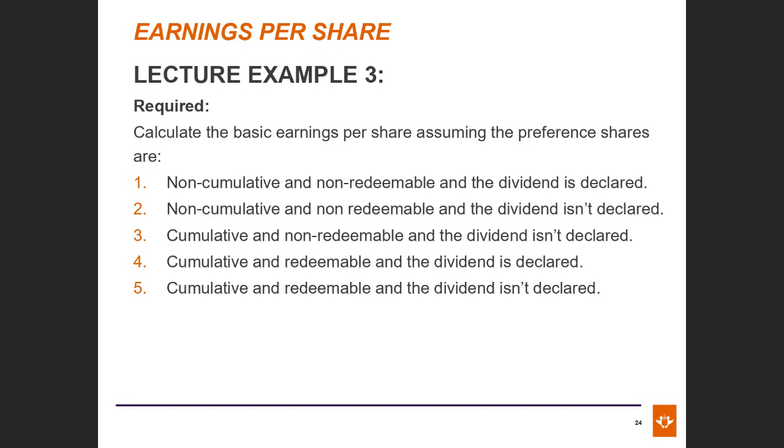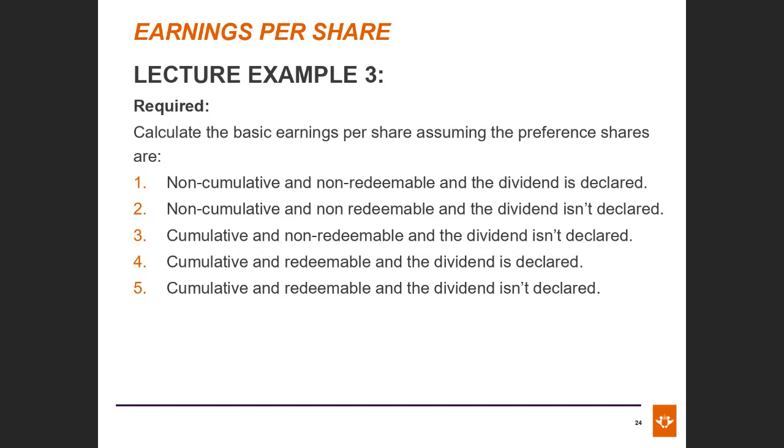So we have cumulative preference shares, but remember these are definitely going to be redeemed and the dividend isn't declared. Okay, so it is similar to the previous example. The preference shares are redeemable and they're definitely going to be redeemed.